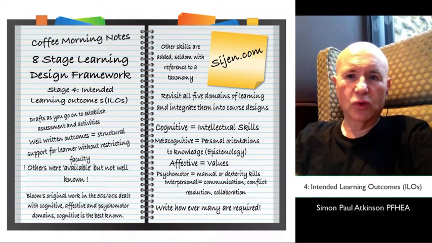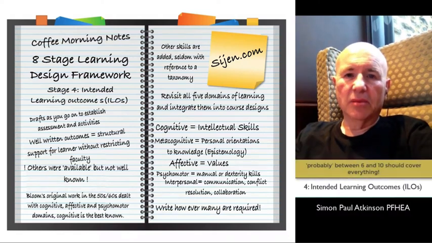So if somebody writes 12 outcomes on a single module, they clearly haven't understood the notion of writing learning outcomes. Okay, so I think the right number is probably somewhere between 6 and 10, depending on the credit weighting of a particular module.